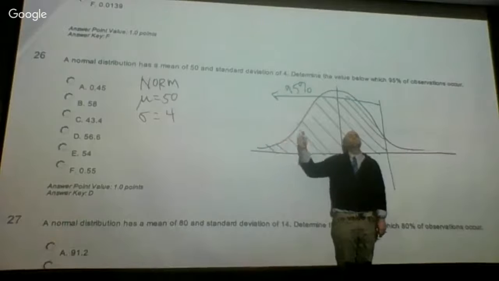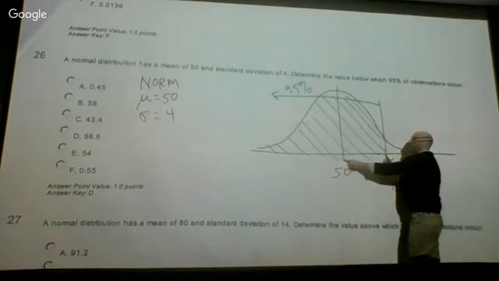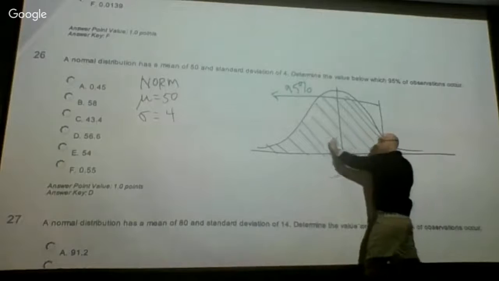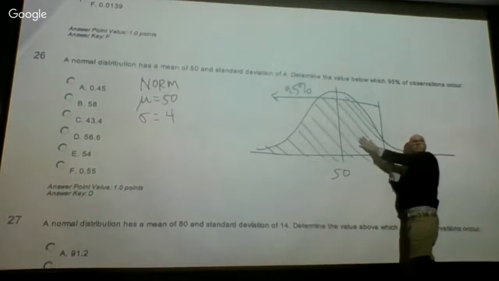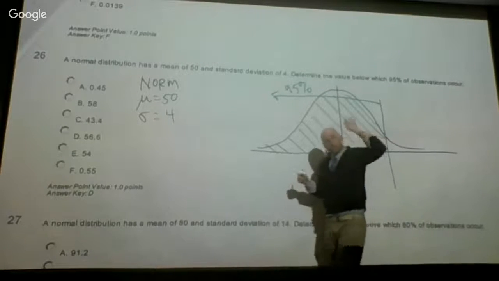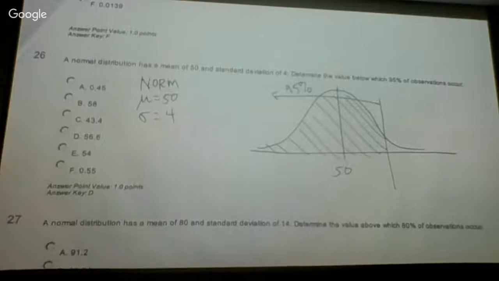If 50% of stuff is over here, how much stuff is between those two? Well, 95% of stuff is here. If I get rid of 50%, how much is left? Say 45? Yeah, 45% of stuff.